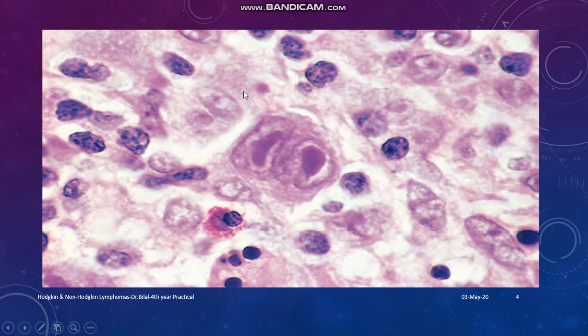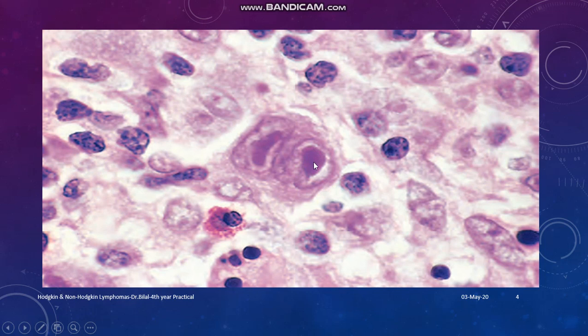Now, this cell contains two nuclei, so generally they are multinucleated. This particular one contains two nuclei which have central nucleoli. I'm pointing at the nucleus right now. This one is a nucleus, and this one another nucleus.